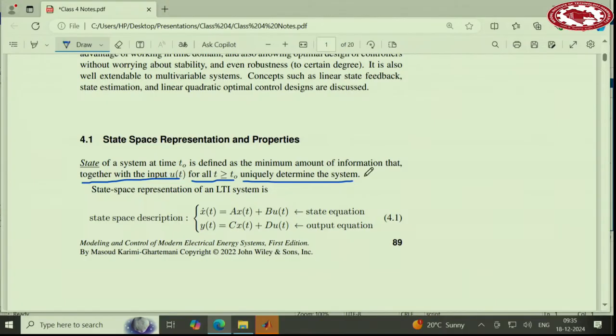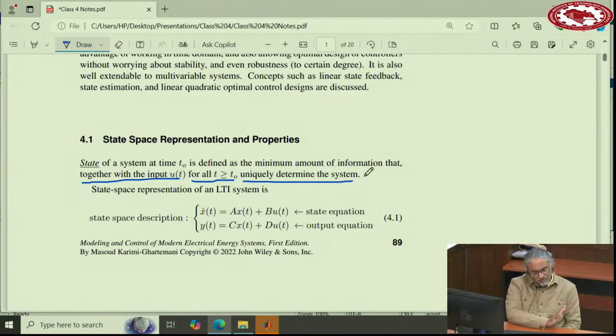In other words, how much information you need at this given time such that the history of the system is stored in this set of information. That is called the state. So from this time on, what you need is only the input. Everything else is already stored in that variable. We call it a state.